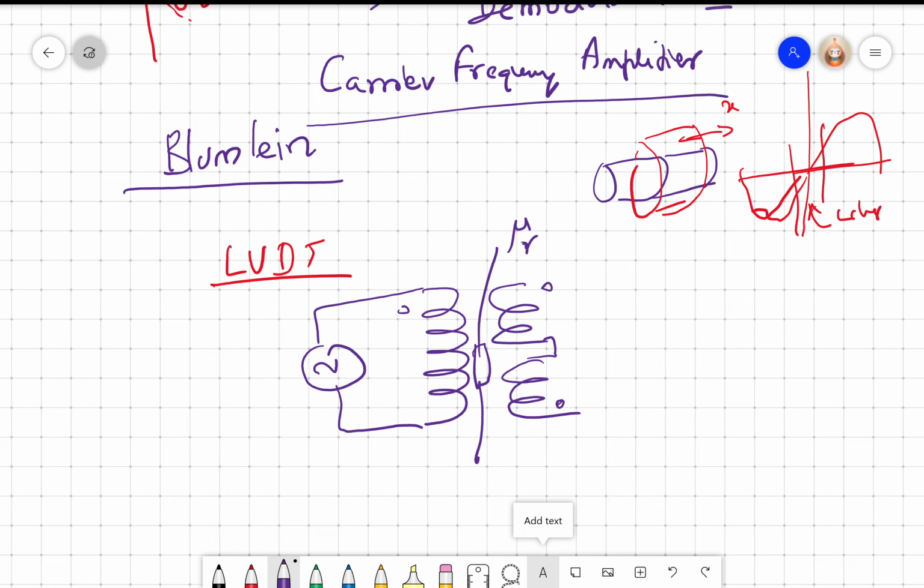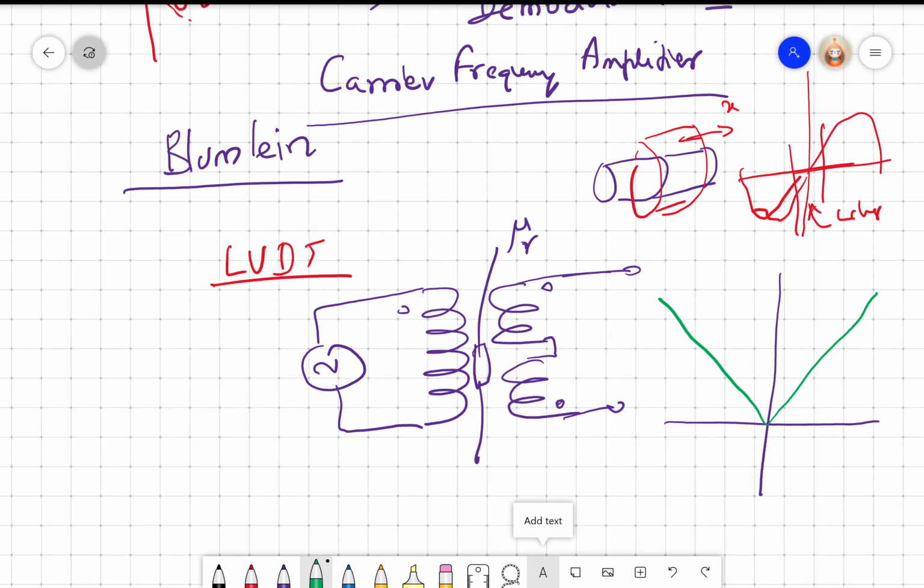In the last class we saw that theoretically we expect the magnitude of the output voltage. Please remember, this will again be a sine wave. This would be a phasor. This is V angle 0, again another phasor. We expect this, but what you will actually get would be something like this. I am exaggerating just to show.